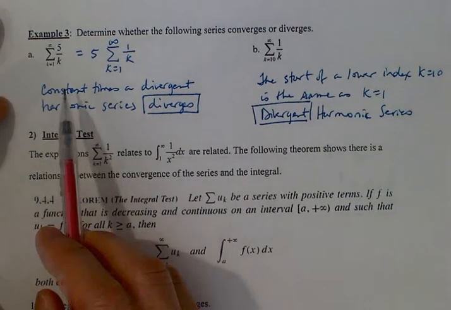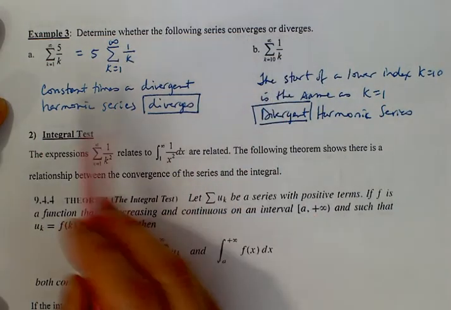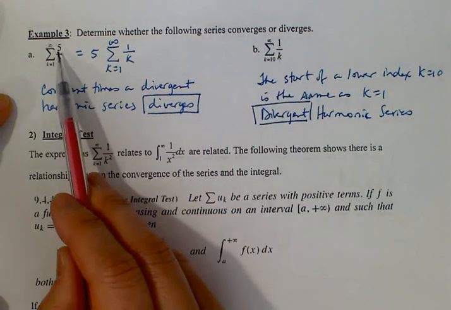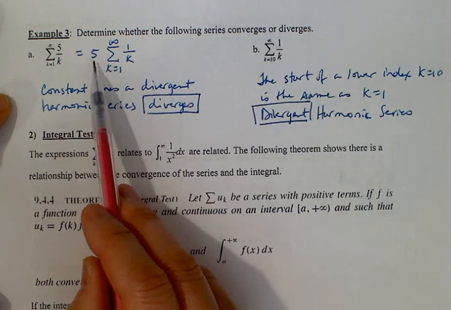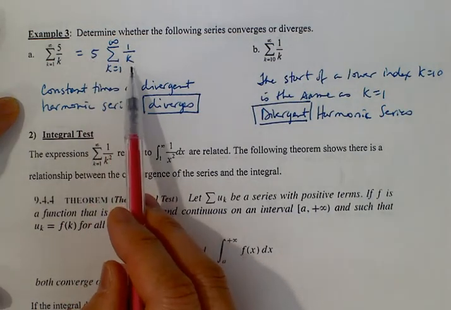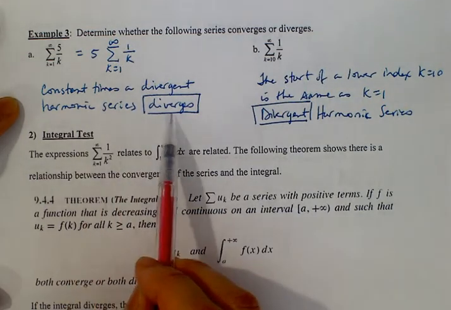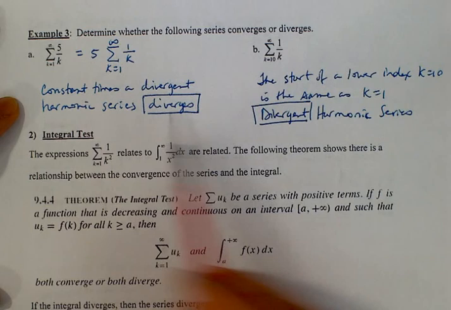Okay, so for the next one here, determine whether the following series converges or diverges. I'll pull out the 5 in front of the sum, and I get 1 over k. I know that 1 over k is a harmonic series, so a constant times a divergent harmonic series also diverges.